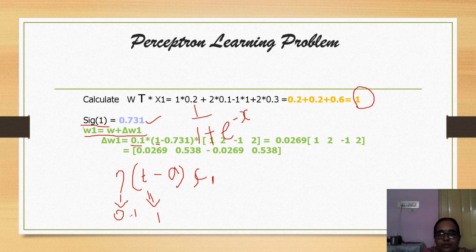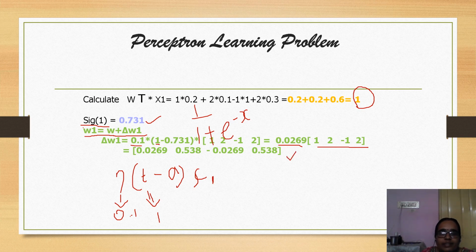It is given, so we directly apply. After multiplication of 0.1 into 1 minus 0.731, we get this value. This value should be multiplied with the input, so we get the answer 0.0269, 0.538, minus 0.0269, and 0.538. So this is our updated weight.